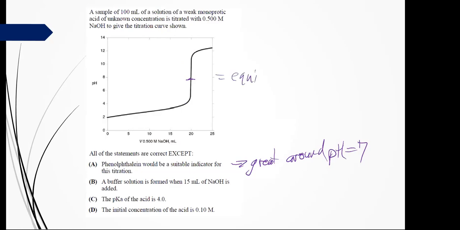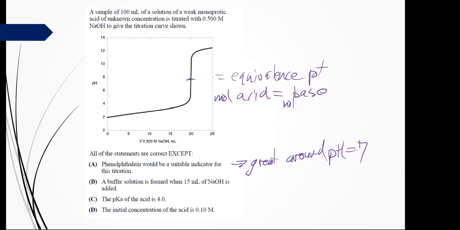This is the equivalence point. All right, equivalence. At this point, our moles of acid are equal to our moles of base. Now, that doesn't always happen exactly at a pH of 7, but it can, depending on it.